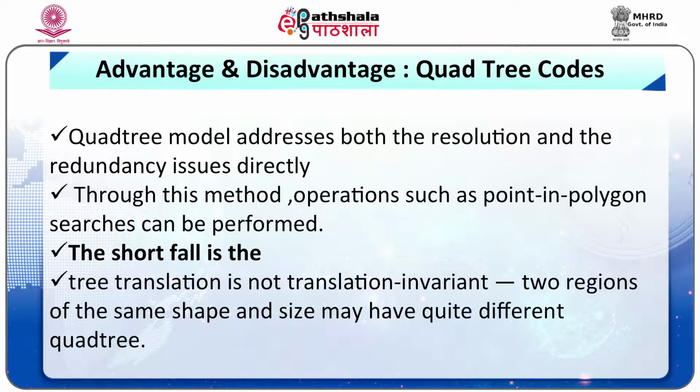Burrough is of the view that the largest problem associated with the quadtree is that tree tessellation is not translation invariant. 2 regions of the same shape and size may have quite different quadtrees, and I think you understand that. Consequently, shape analysis and pattern recognition are not straightforward.